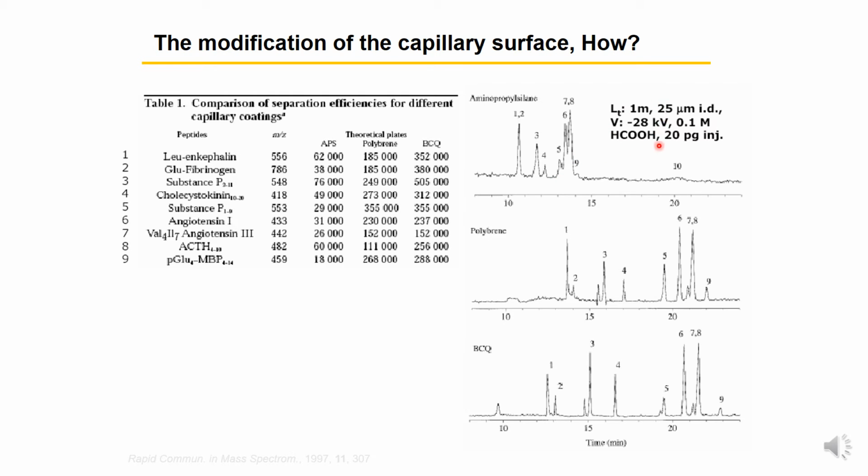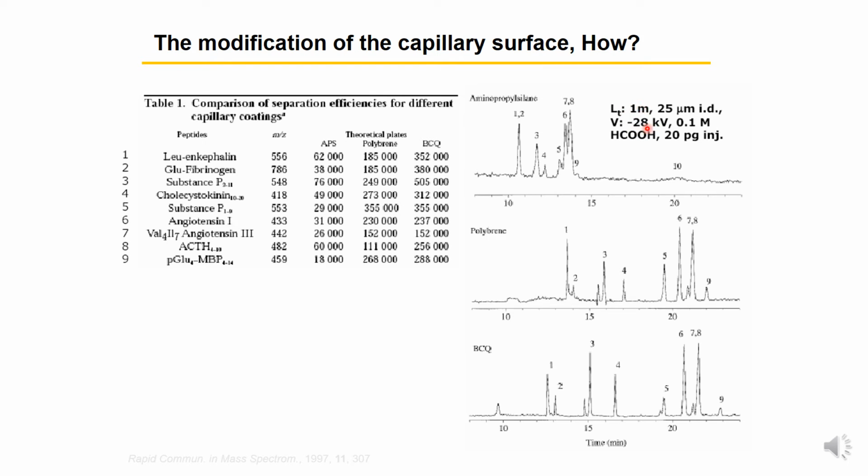The other thing is that we work here at minus 28 kilovolts, and if we work with a negative voltage, we are always in a reversed mode. If we work with positive voltage, we are in a normal mode, corresponding to the bare-fused silica capillary.